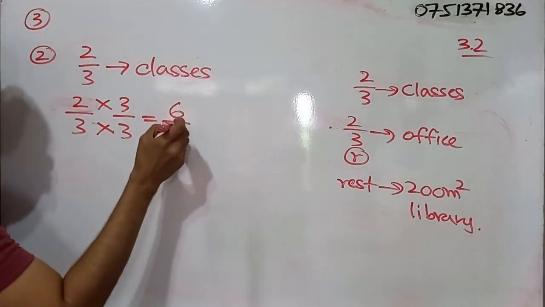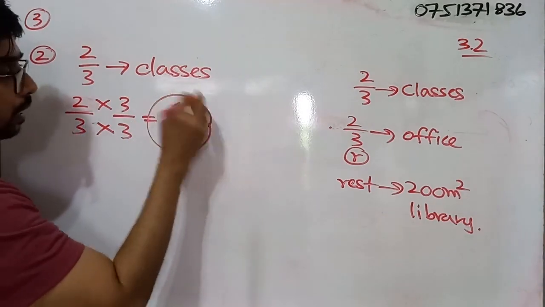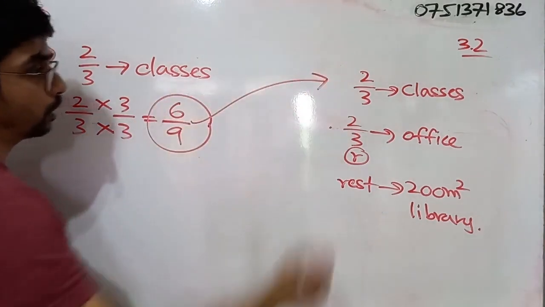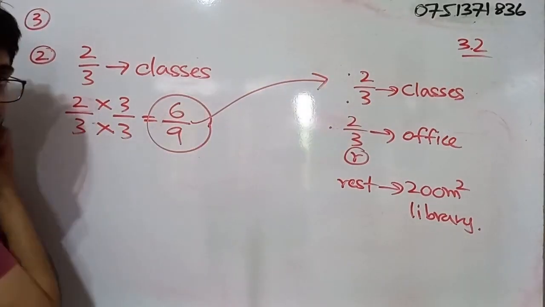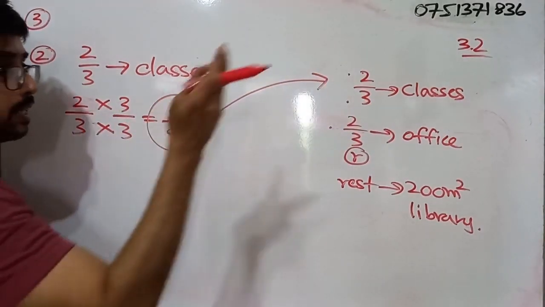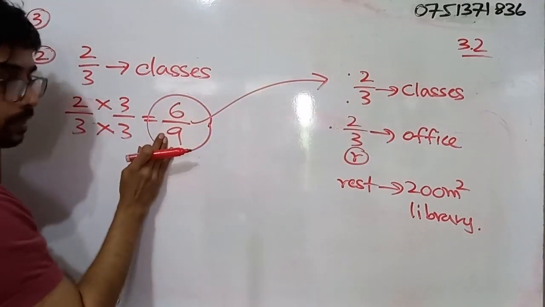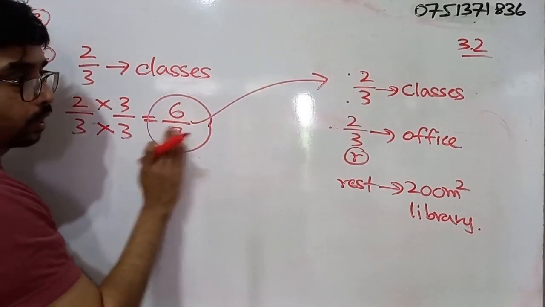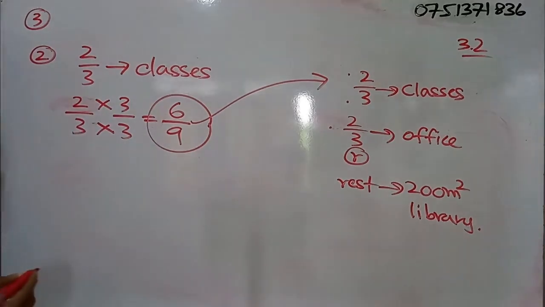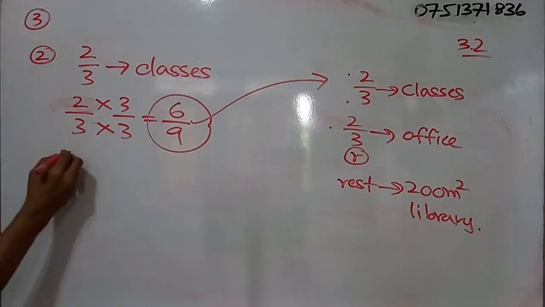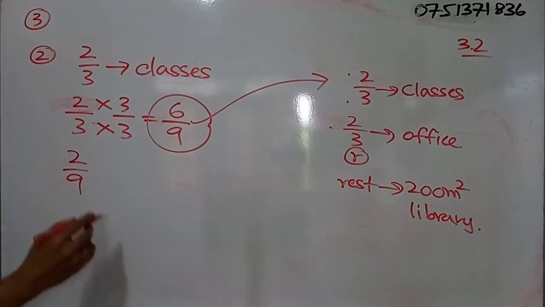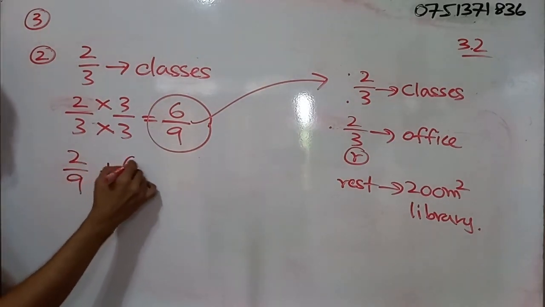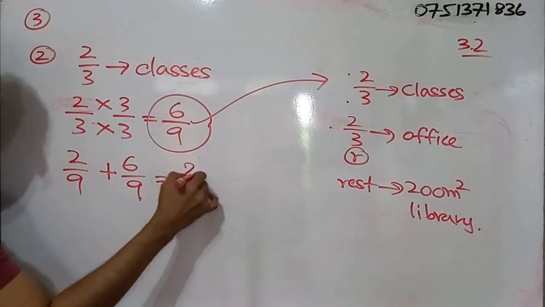So this amount of space is what? For classes. So you can see that 2/3 and 6/9 are what? Equivalent fractions. That means instead of this, I can use this fraction. Right. So for the office, we know what is the amount as a fraction? 2/9. Right? So if we add these two together, what will we get?